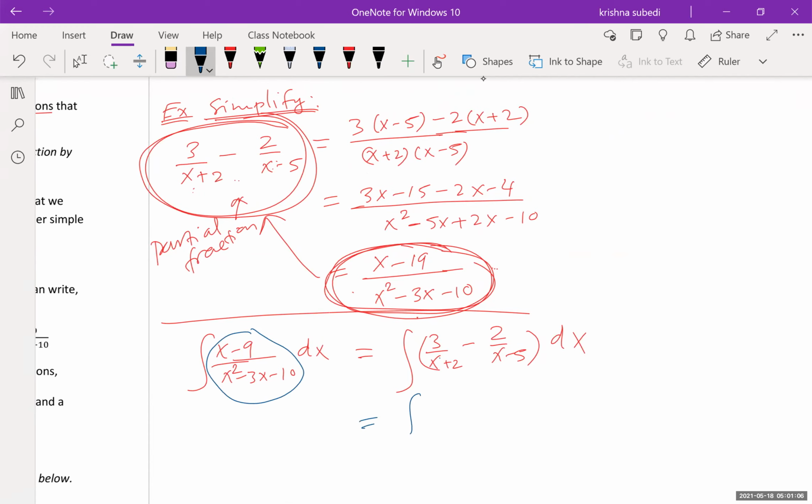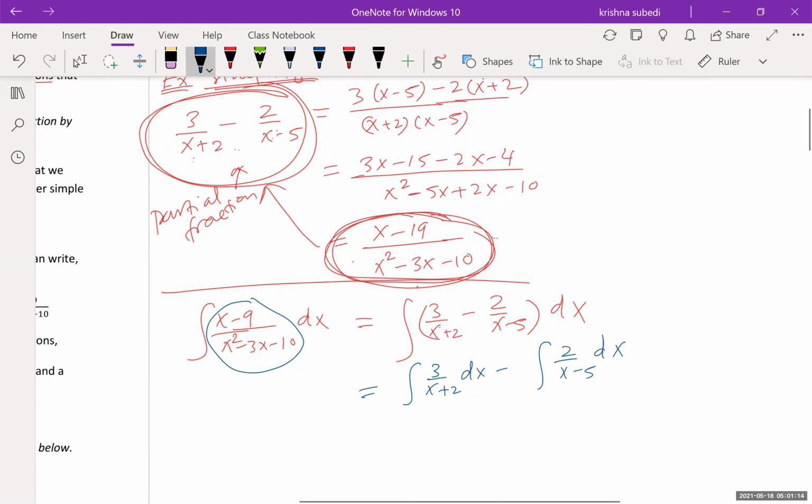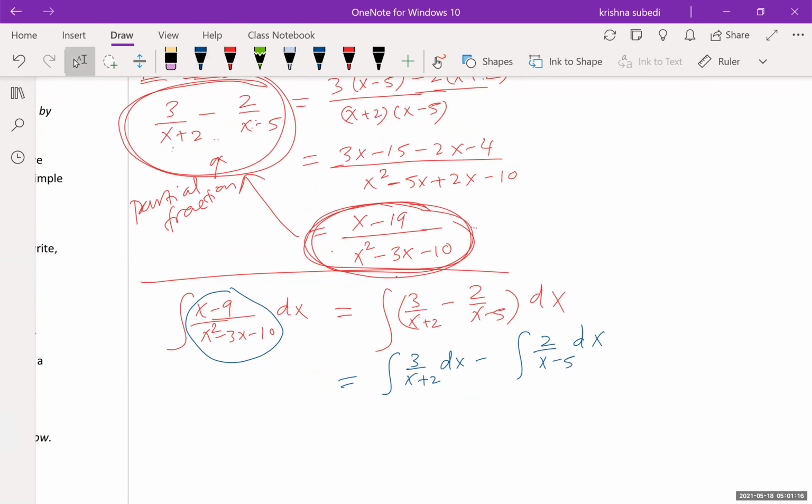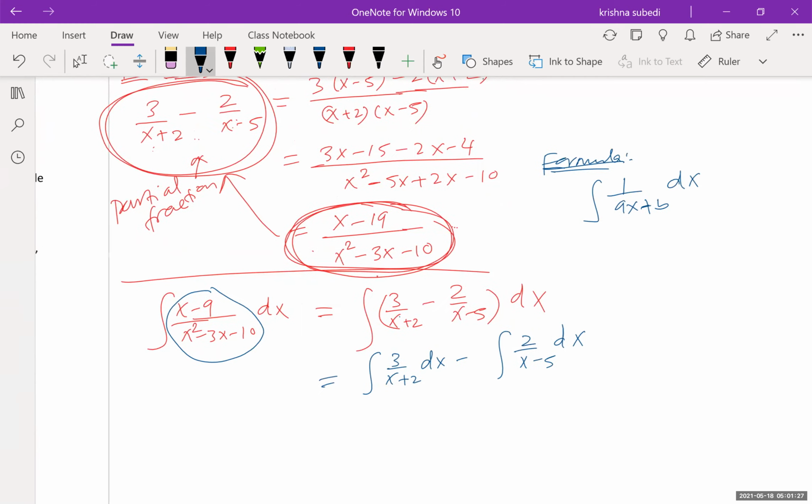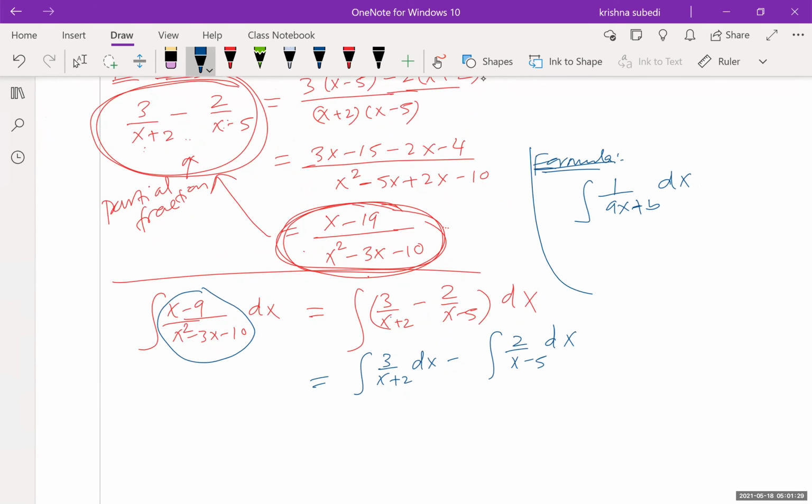Now you can put them as the integral of 3 over x plus 2 dx minus the integral of 2 over x minus 5 dx. Now, one formula we saw from the substitution rule is the integral of 1 over ax plus b dx, which is 1 over a times ln of absolute value of ax plus b, plus c.